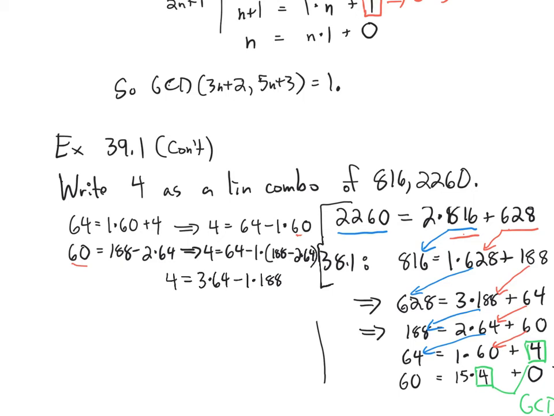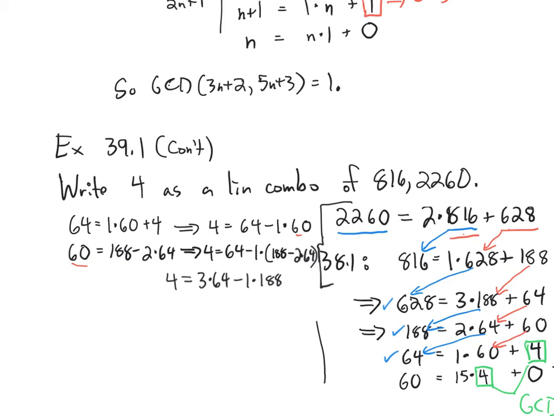So we've covered our first line here, our second line. Let's go up and let's write 64 as a linear combination of 188 and 628.